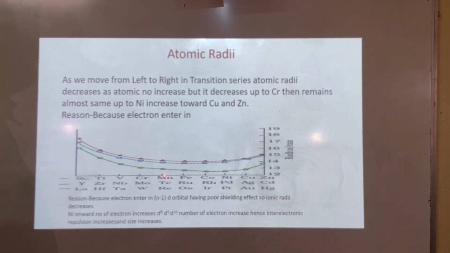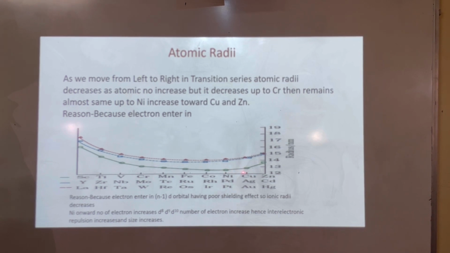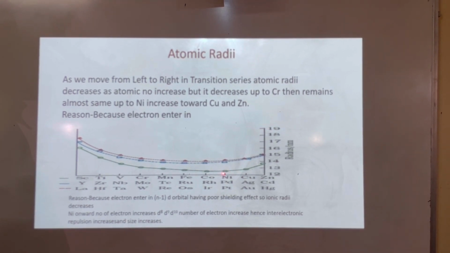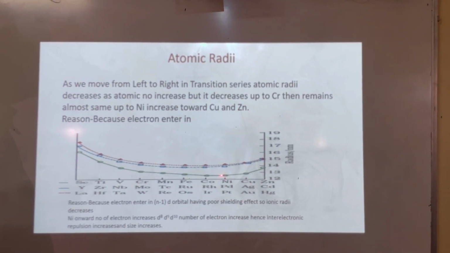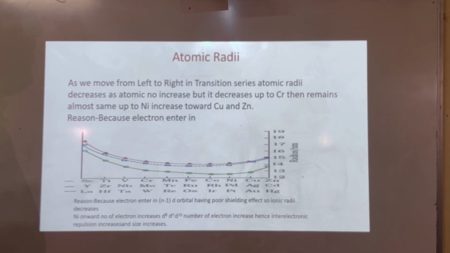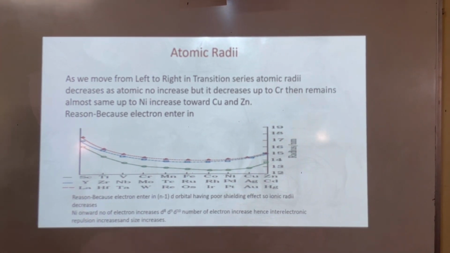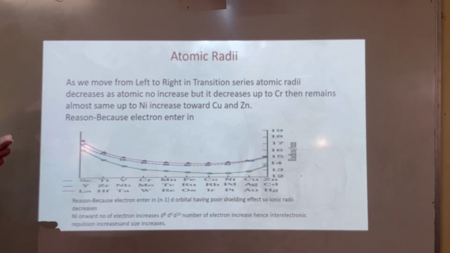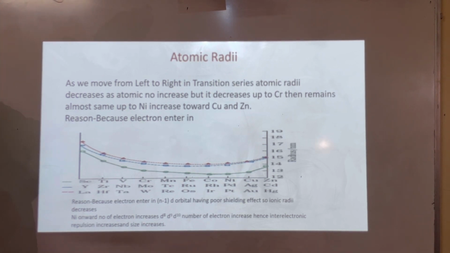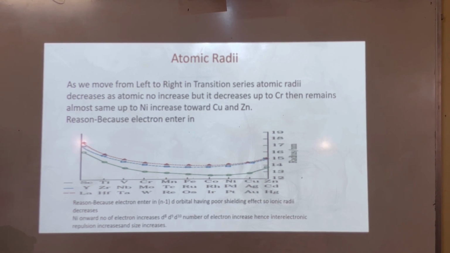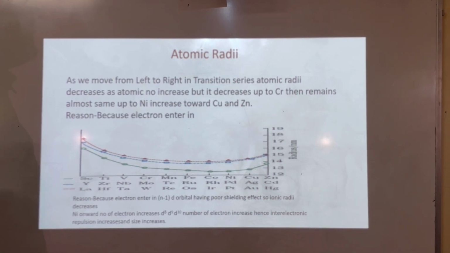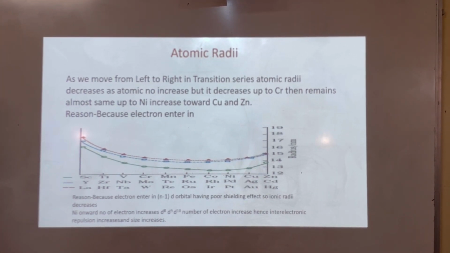But when we move from manganese onward to nickel, electrons are added up to d8. But when the electron number increases to d9 and d10 in zinc, inter-electronic repulsion increases and the size increases. So that's why there is a rise in the size at the end of the series.